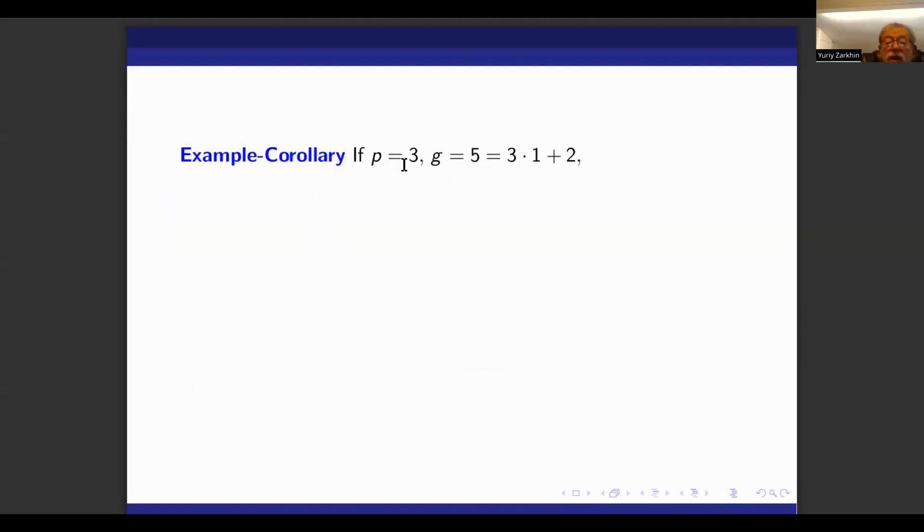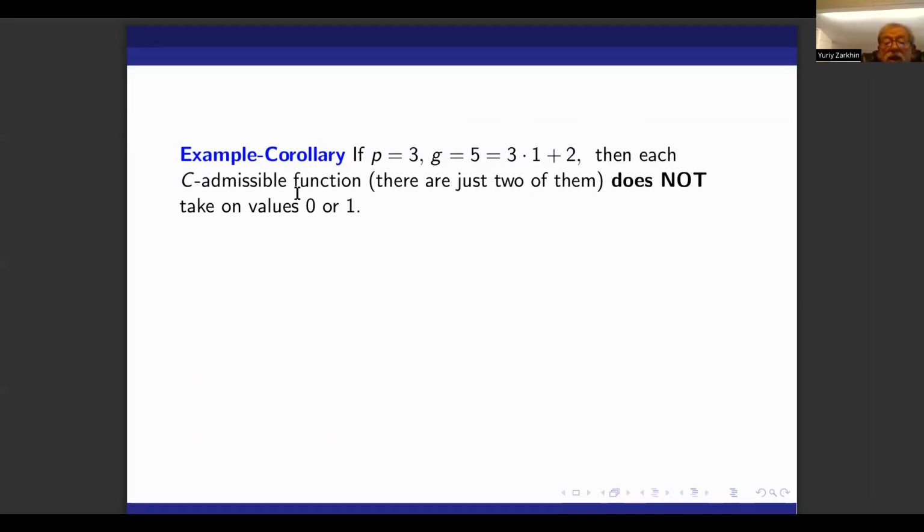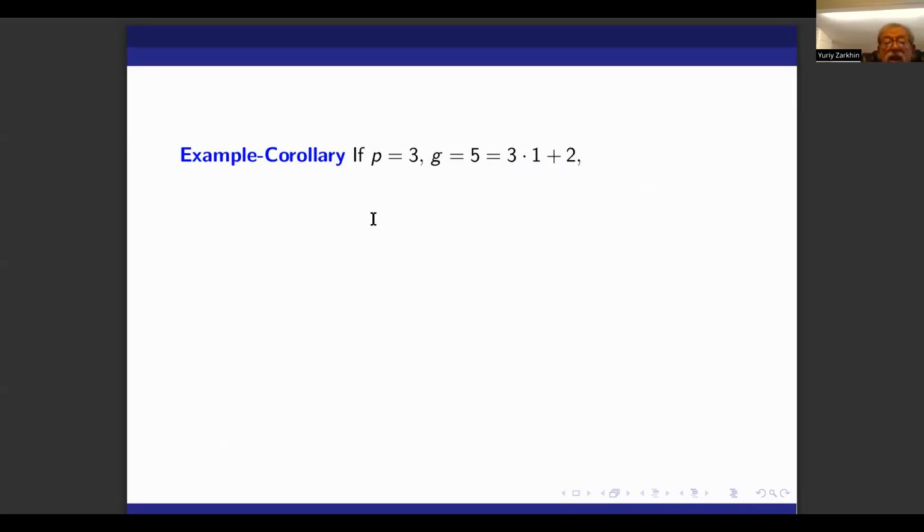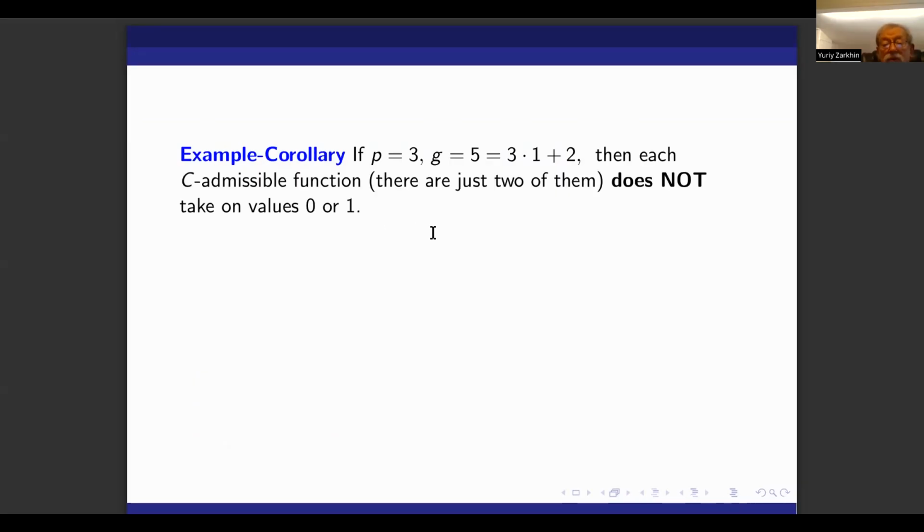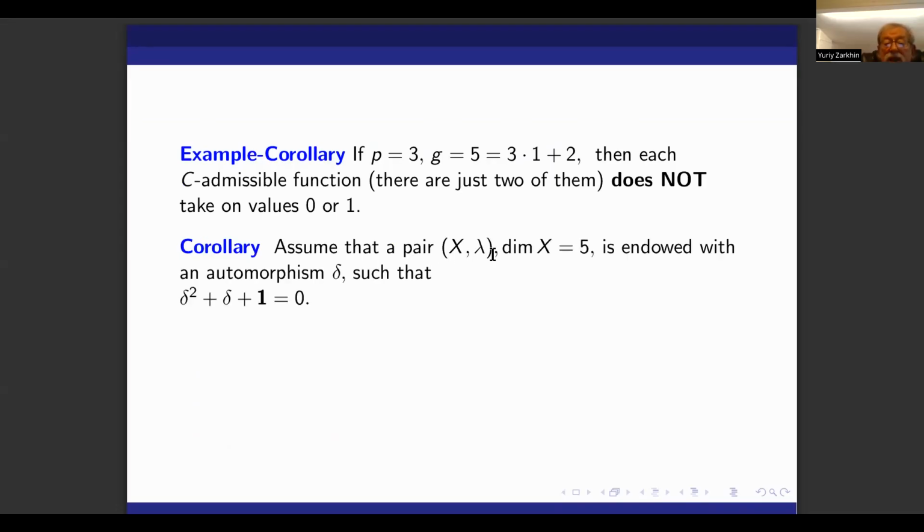Example corollary. If p equals 3, g equals 5, then each C-admissible function, there are just two of them, does not take on values 0 or 1. Corollary. Assume that a pair X, lambda, where dimension of X is g, is endowed with an automorphism delta such that delta squared plus delta plus 1 is 0, just the cyclotomic equation for p equals 3.